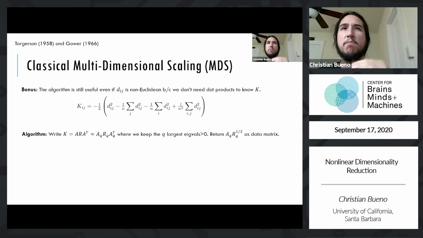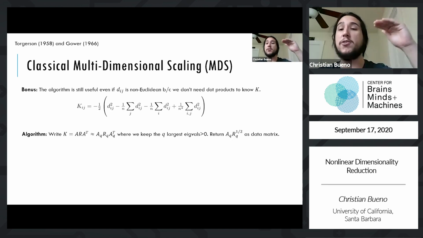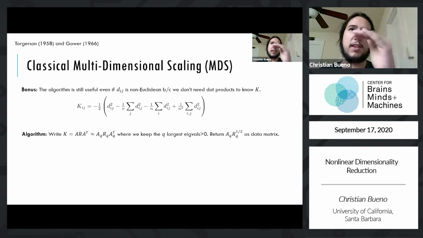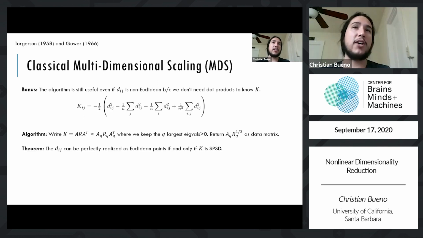And it just might put a limit on how high a dimension you could embed your data in. So let's say you only had 1 positive eigenvalue, then you cannot embed it into a 3-dimensional space. So yeah, we get this matrix, the rows are our points. And if we were curious, can we realize these distances as a Euclidean thing?